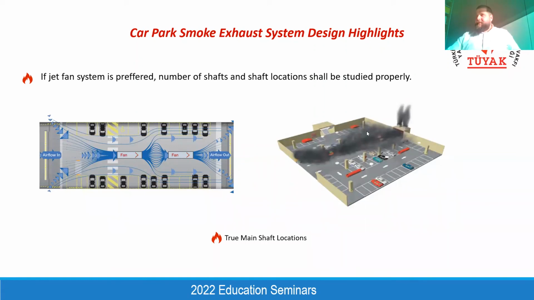They are located in opposite walls, so that when a fire incident occurs, the jet fans take fresh air from one side and throw the smoke to the other side, and it is extracted to the outside of the building by axial fans located within the shafts.